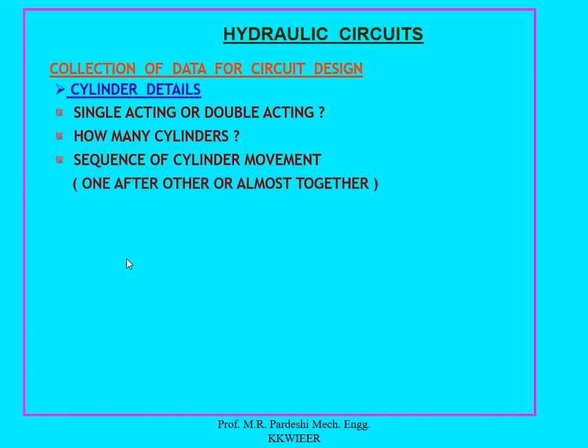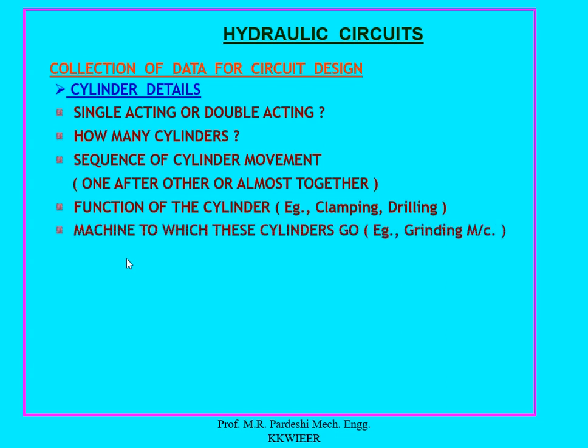Then, one after the other or almost together, whether both cylinders have to start together or one after another, that sequence we should know. Then function of the cylinder, for example, the cylinder may be used for clamping purpose, may be used for drilling purpose, that we should define before designing any hydraulic circuit. Then the machine to which these cylinders go, means which type of machine the cylinder has to be used on.